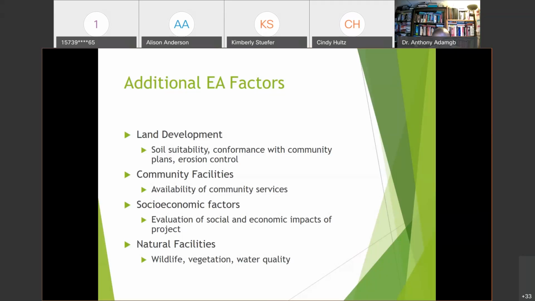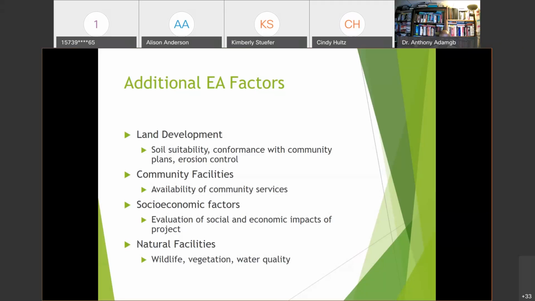So you're looking at commercial facilities, healthcare, social services, solid waste disposal and recycling, wastewater and water supply, and public safety, just to make sure that there's not an adverse impact to any of these community services.